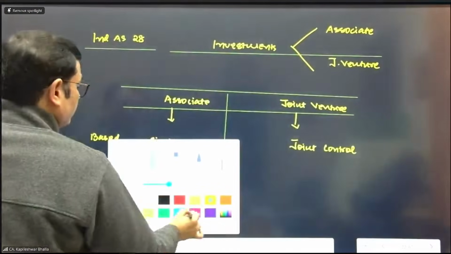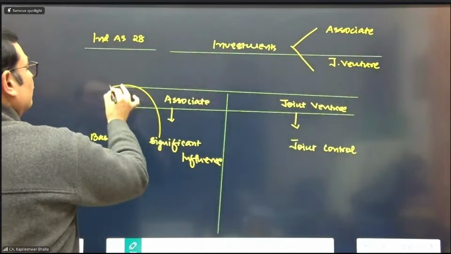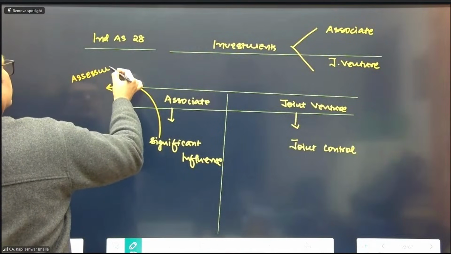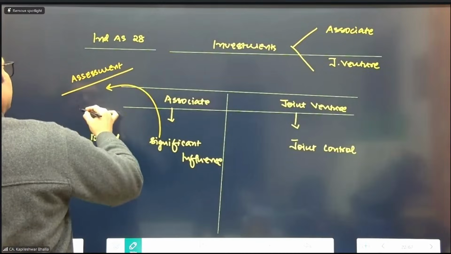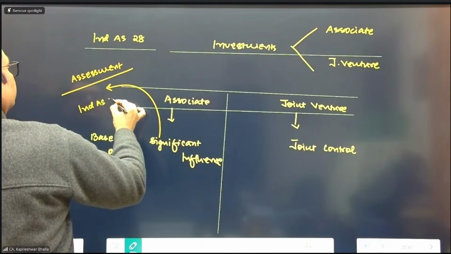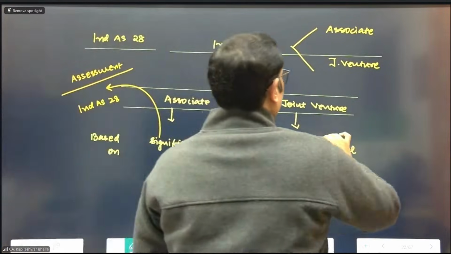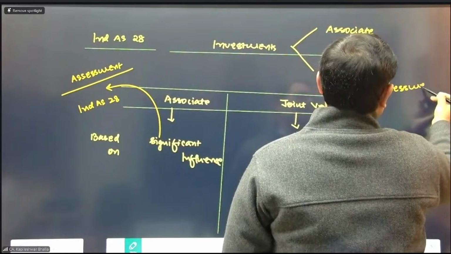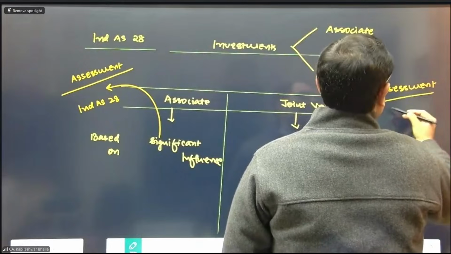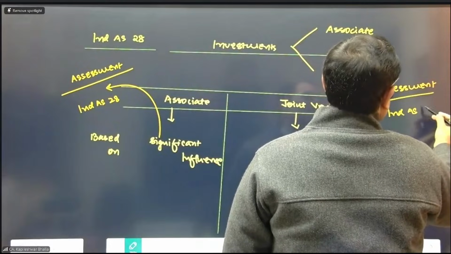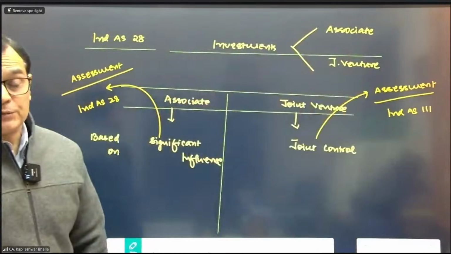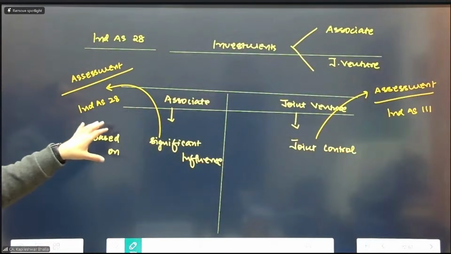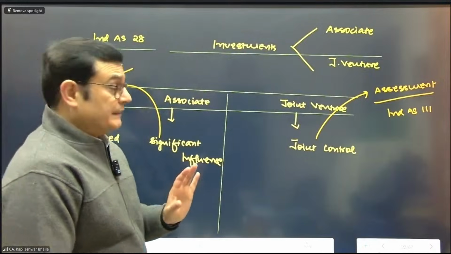And I think worth making a mention at this stage that significant influence, the assessment is based on Ind AS 28. And a joint control, the assessment is based on Ind AS 111. So the assessment of a joint control is based on a different standard. The assessment of a significant influence is based on 28.